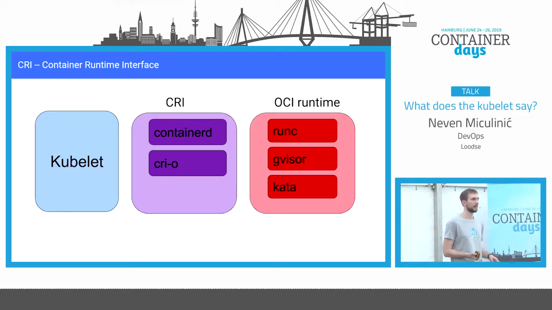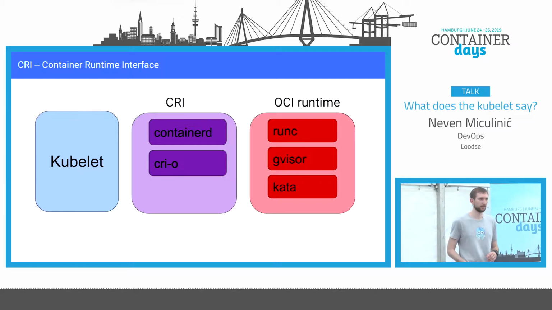And it uses some layers of abstraction. So you have a CRI, which is Container Runtime Interface, specifically designed to make kubelet more runtime agnostic. So you can easily switch between runtimes, whether it's containerd, Docker, CRI-O, Rocket, or whatever else you want.